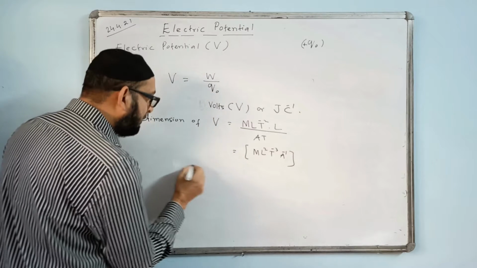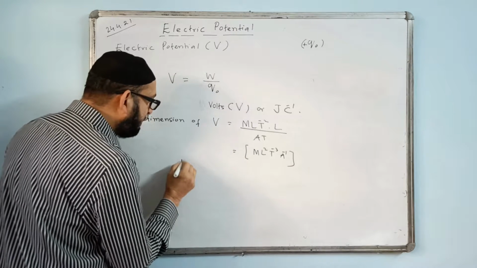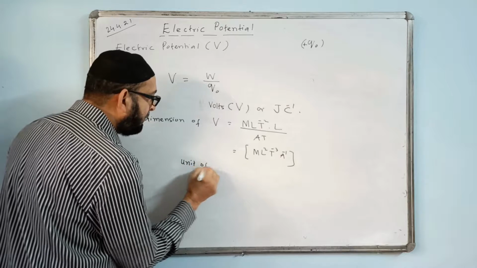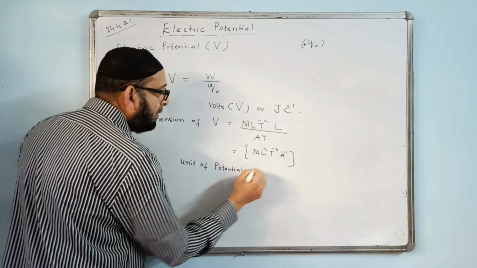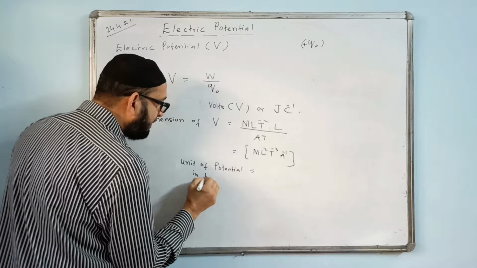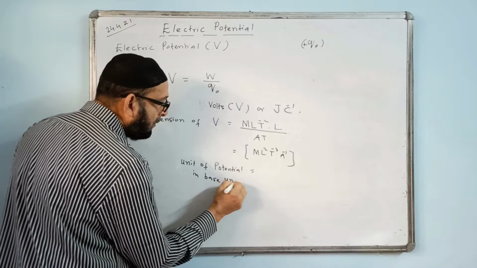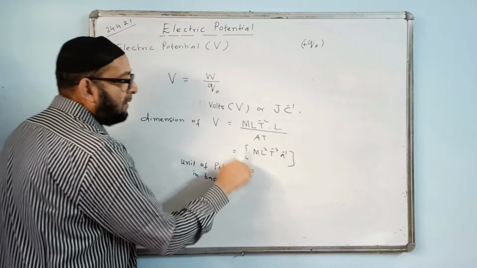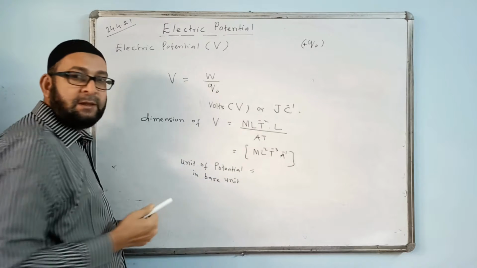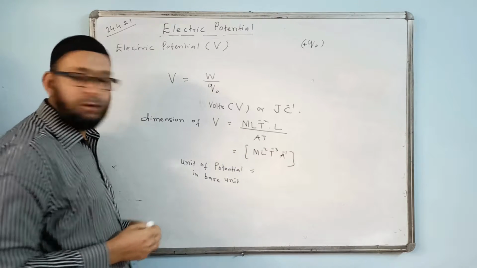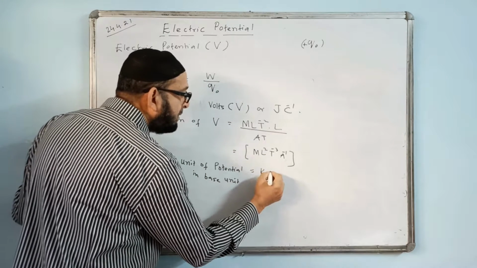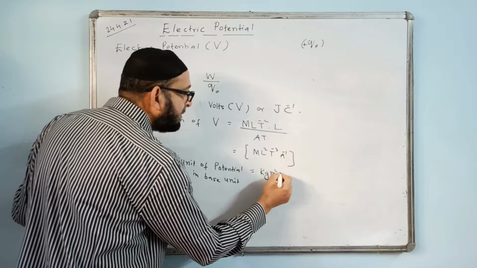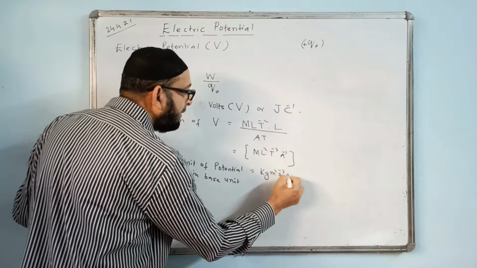We can write down the unit of potential in terms of base unit. After writing the dimension, we can express it in terms of fundamental unit or base unit. Mass is kg, length is meter, so meter square, time is second, so s minus 3 and A minus 1.